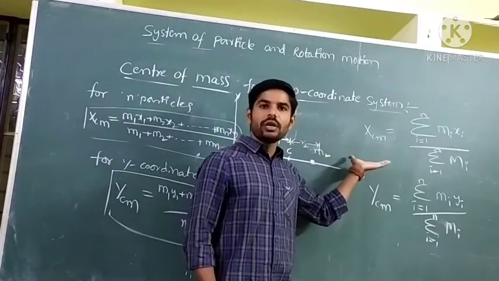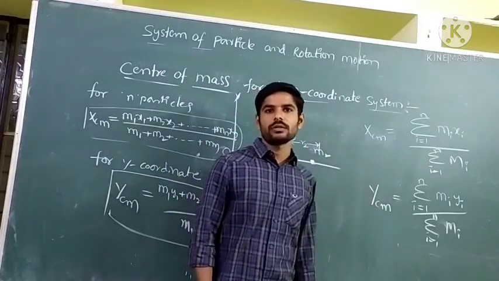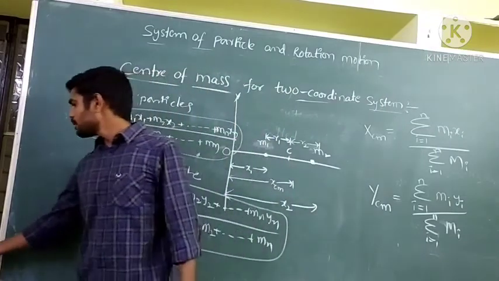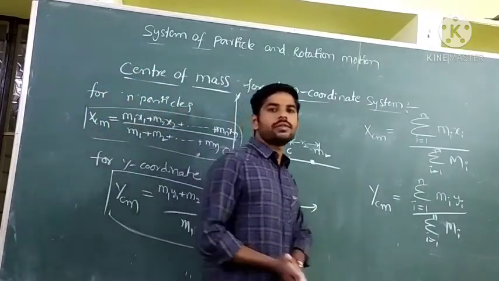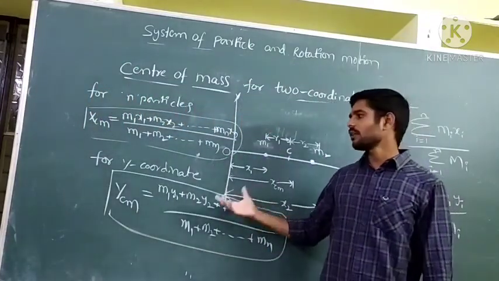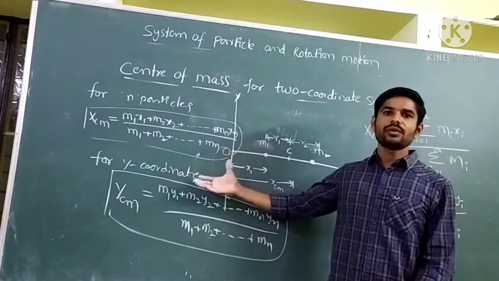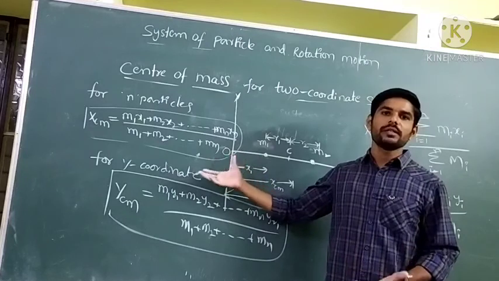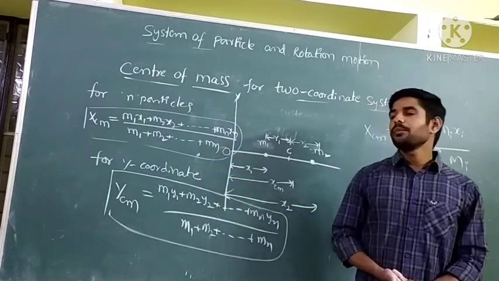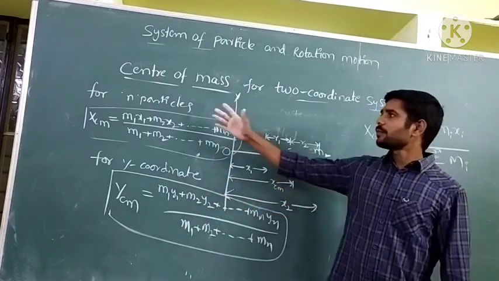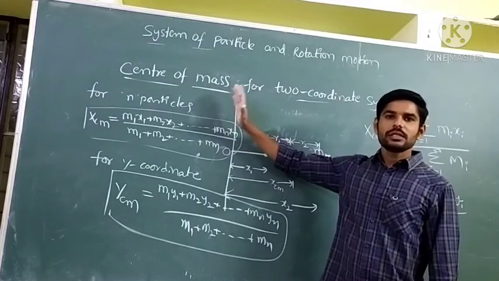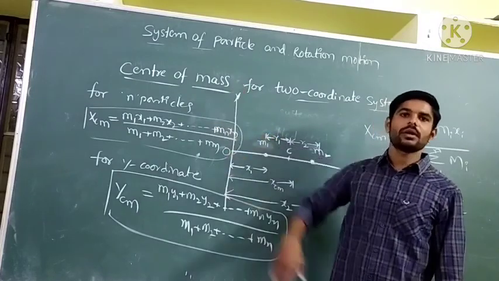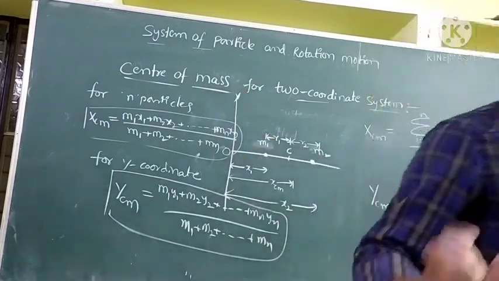If you take the three coordinate system, we can develop x, y, z also. Okay, now this is about the center of mass and how the center of mass equation depends on the coordinate system. If you take the complete coordinate system, it gives x, y, z. Okay, a very important topic, it plays a major role in the system of particles lesson. Okay, thank you.